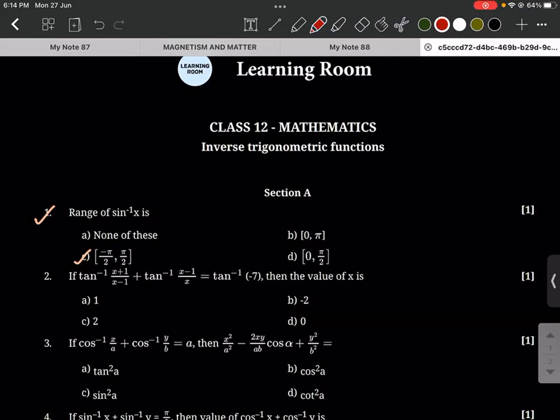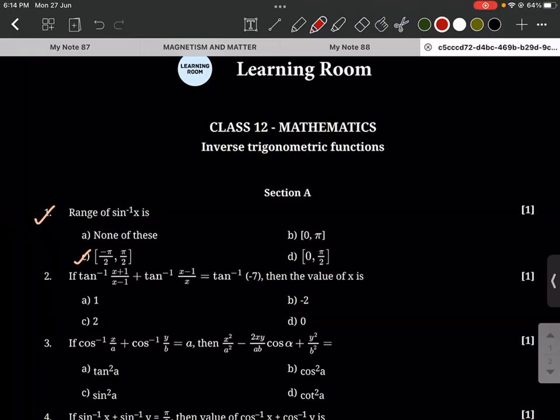I taught them separately, and only put tan inverse x plus tan inverse y. Right.